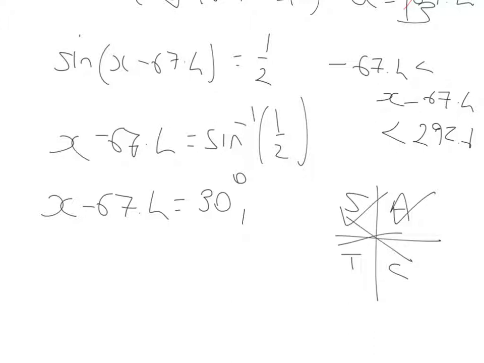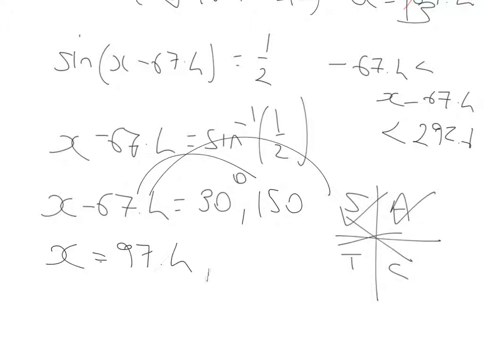In the sin quadrant, that will be 180 take away 30 degrees, so it's 150. I'm now going to bring 67.4 across, and that will give me 97.4 and 217.4 degrees. If I add 360 onto either of those, or subtract 360, I'll be outwith my limits. So that's my final answer to the question.